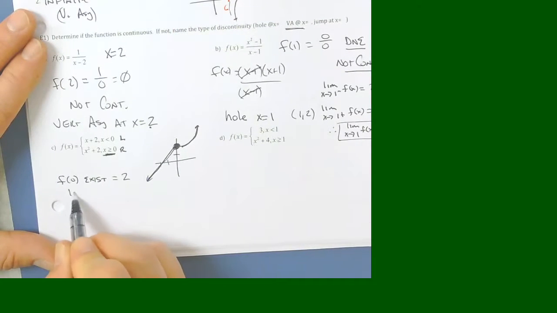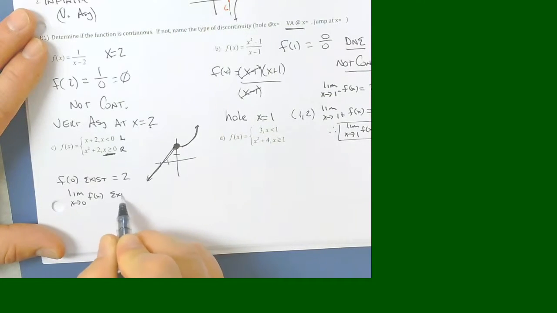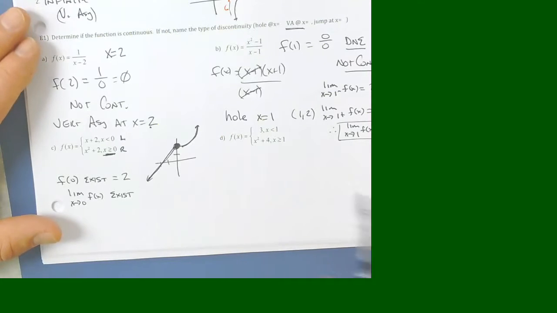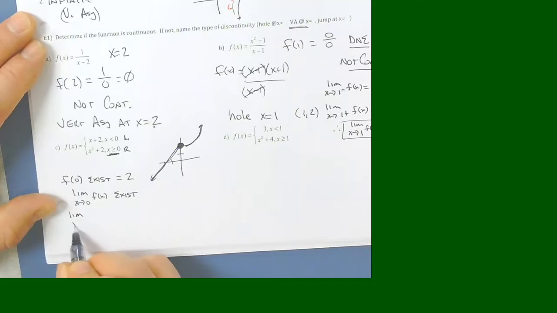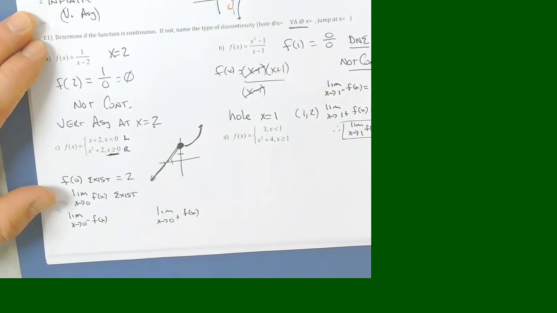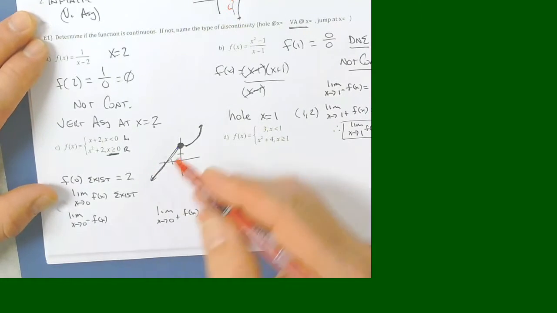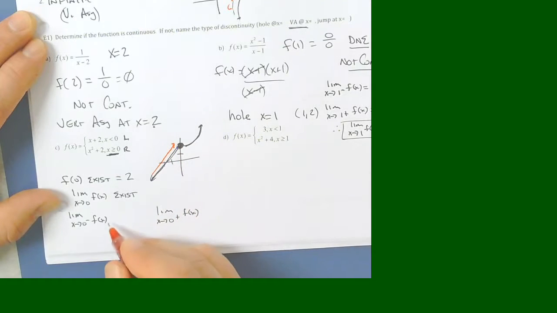Second criteria. Does the limit as x goes to 0 of f of x exist? How do we show a limit exists? We look at it from the left. We look at it from the right. The left side of 0, I come in on the x plus 2 train, and I hit at 2.